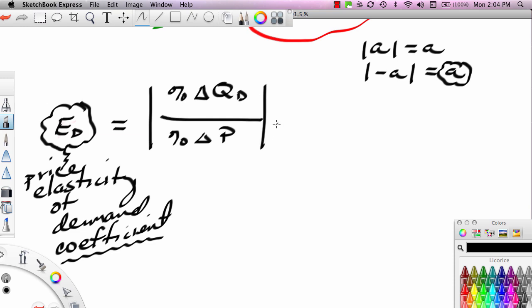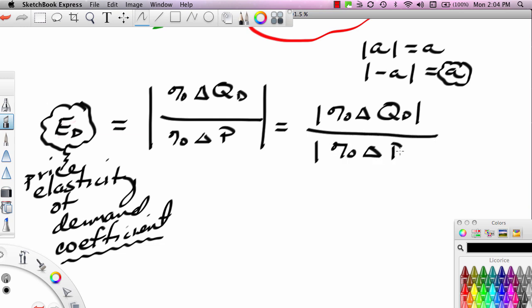By the way, this formula could also be expressed this way: percentage change in the quantity demanded, absolute value, over the percentage change in P, absolute value. So to say the absolute value of A over B is to say the absolute value of A over the absolute value of B. So those are interchangeable, and you'll see how that's important in just a minute.